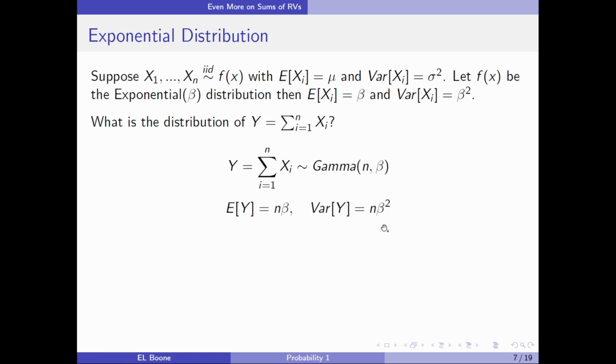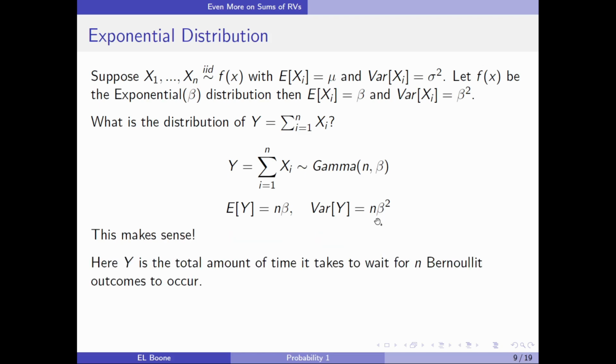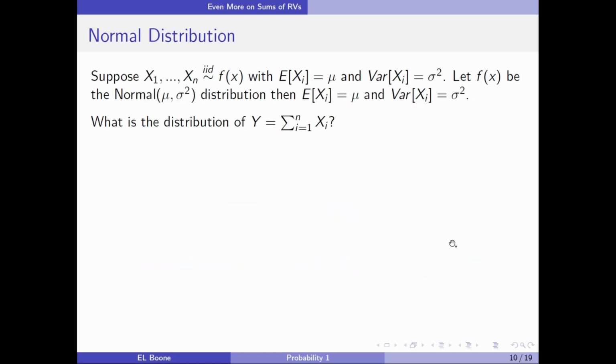Here's what the expected values and variances are, and it's not an approximation. So if you know you have an exponential distribution for your experiment, why are you using the central limit theorem if you don't need to? Because you should really use the distribution that's most appropriate. So here's the total amount of time it takes for n Bernoulli outcomes to occur.